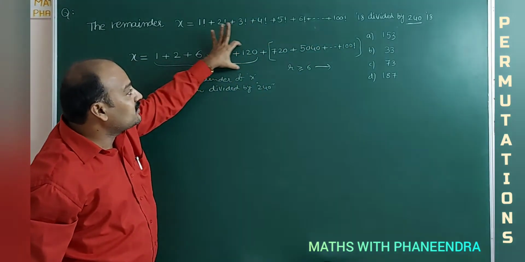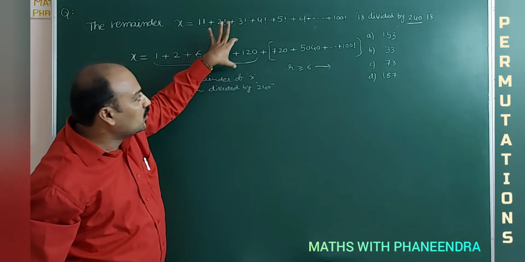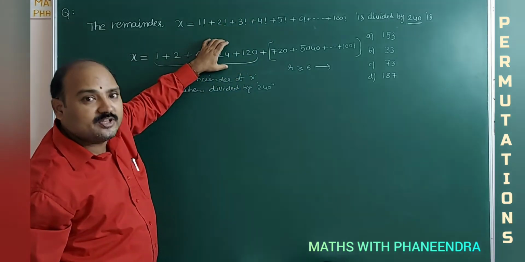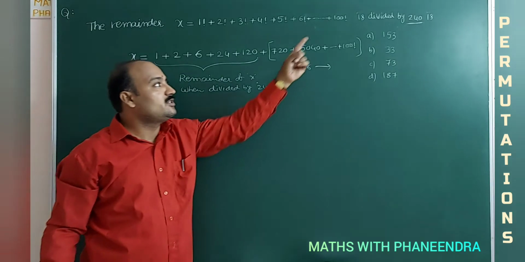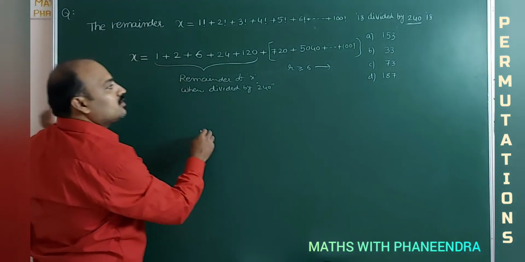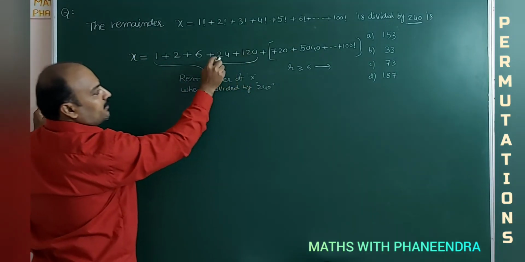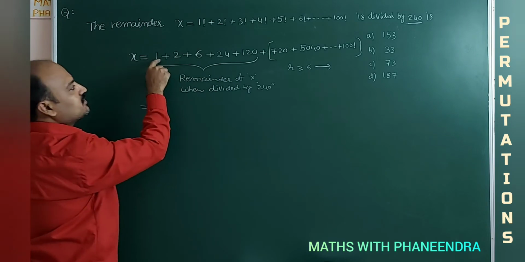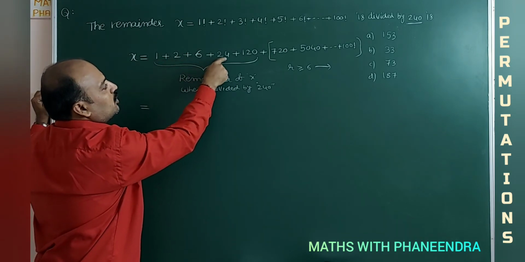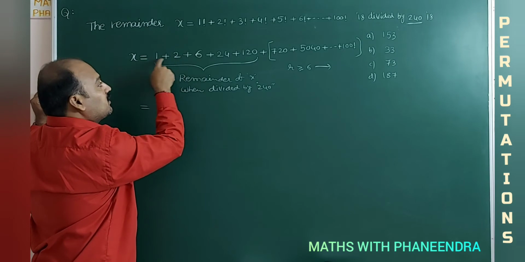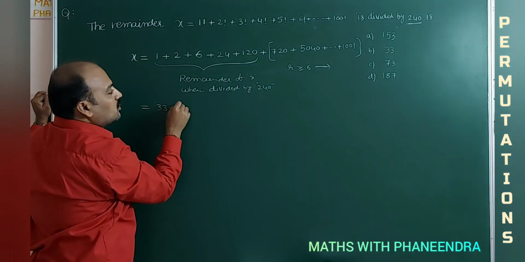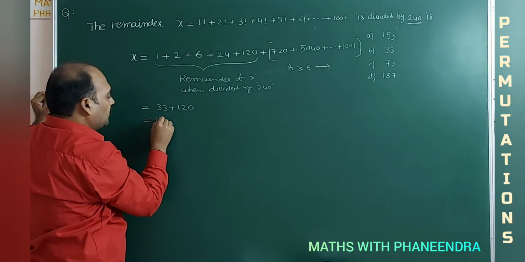But the rest of the terms are also there. Not only this number, it includes this one. This value is the remainder when divided by 240. What is the remainder here? If you do the sum, it becomes 1 plus 2 plus 6 plus 24 plus 6, that is 30. 30 plus 3 is 33, plus 120, so 153.